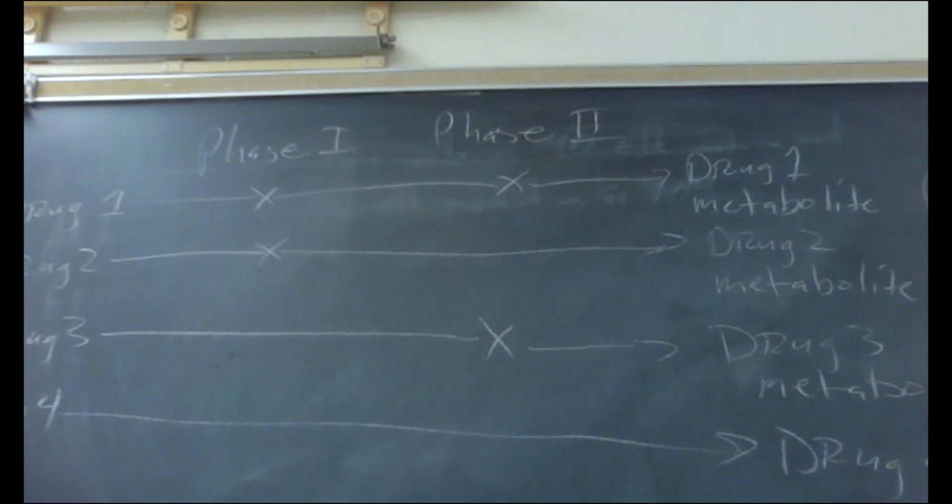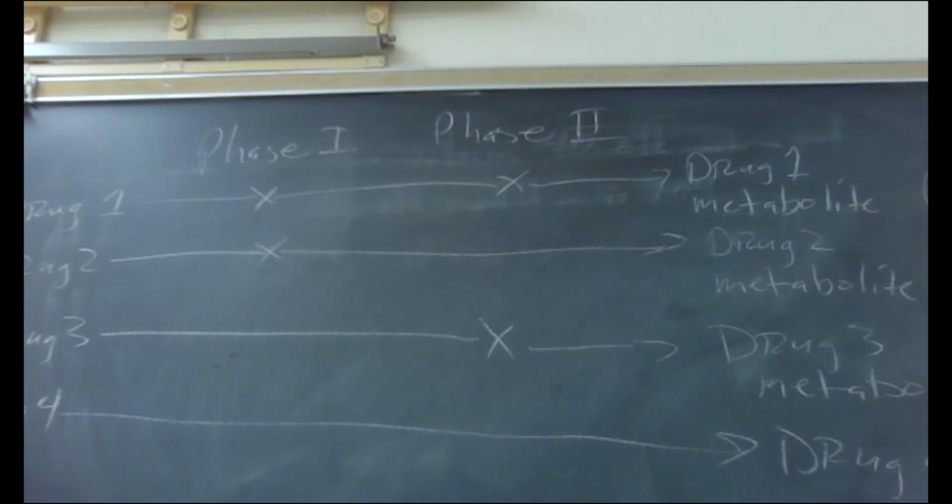So the ones that are important for human medicine are as follows. 1A1, 2C9, 2C19, 2D6, and 3A4.